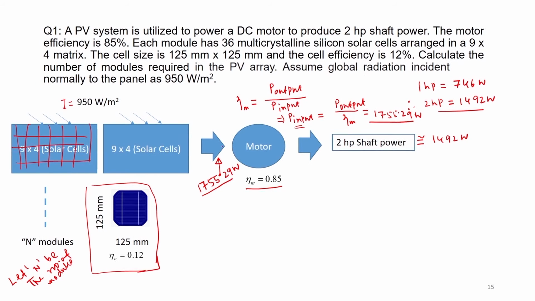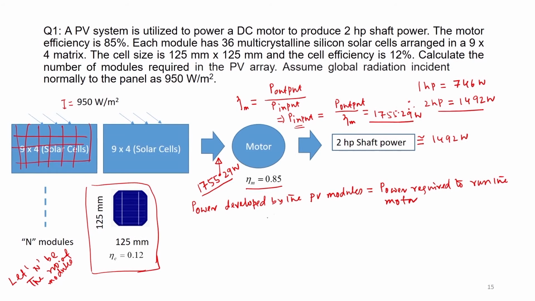This much energy is required from the solar modules, so we can write that the power developed by the PV modules is equal to the power required to run the motor.